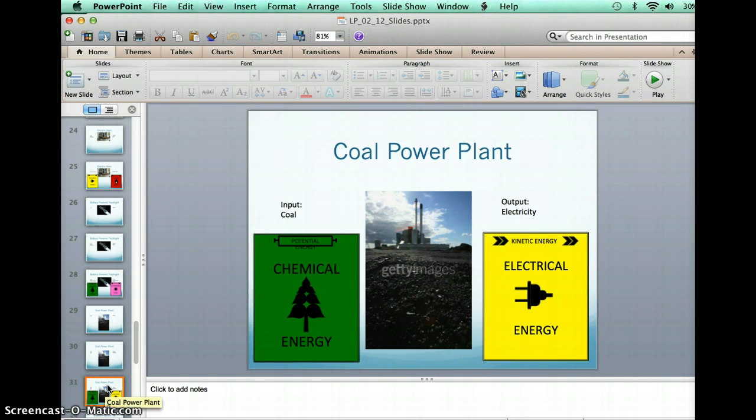Okay, so hopefully you put chemical energy for coal, again it's stored energy not being used yet, and electrical energy for the electricity. Okay, so these again are just examples of energy transforming from one form to the other. Remember, energy is not just created out of nowhere, it's just transformed from one form to the next.